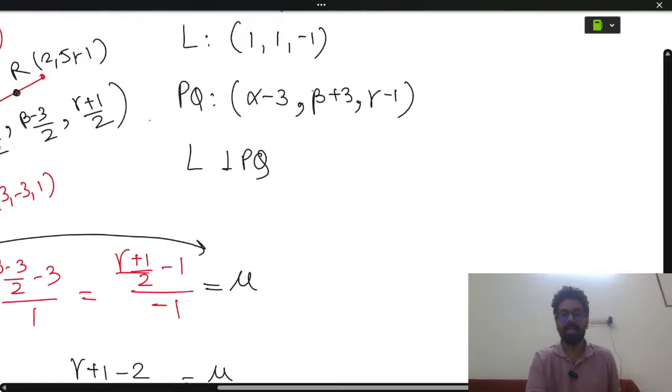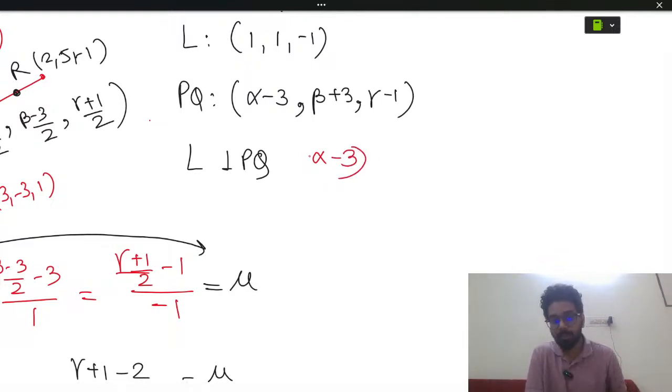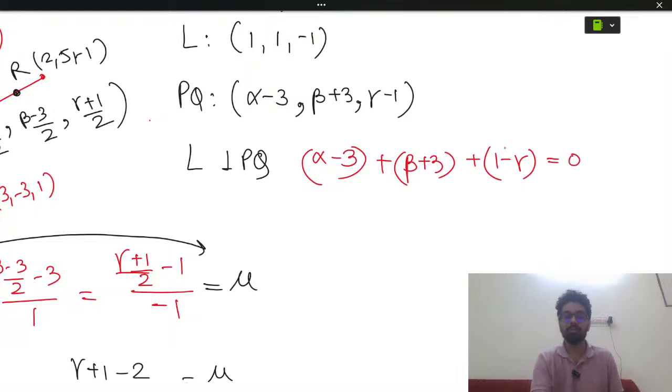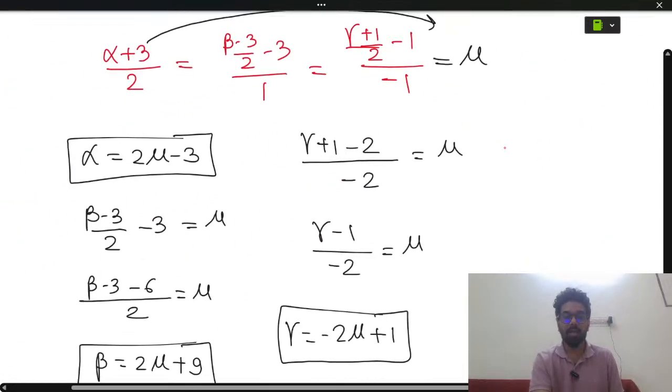So, alpha minus 3 into minus 1 is alpha minus 3 plus, beta plus 3 into 1 is beta plus 3, and gamma minus 1 into minus 1 is 1 minus gamma, and this should be equal to 0. Now, what is alpha?